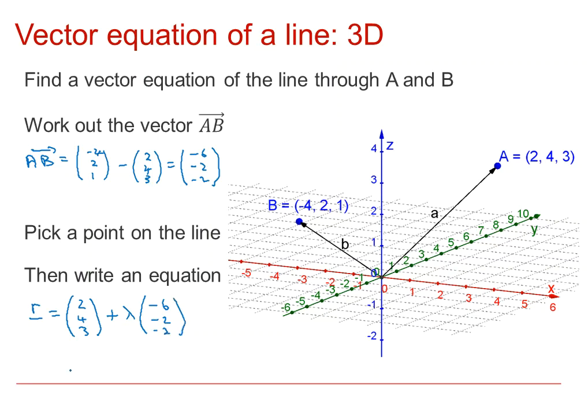At this point, if I was doing a longer question, I might decide to simplify that direction. So a perfectly good alternative would be r equals, I need to keep the same position A, but I could decide, instead of having (-6, -2, -2), I could have (3, 1, 1). I could look for another parallel direction vector.